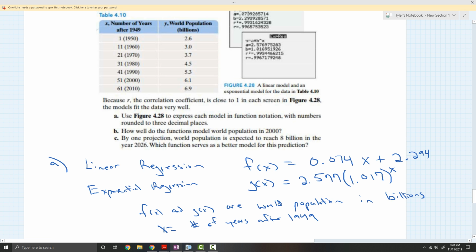Just using the information from the table reminds me of what the variables represent in the units.